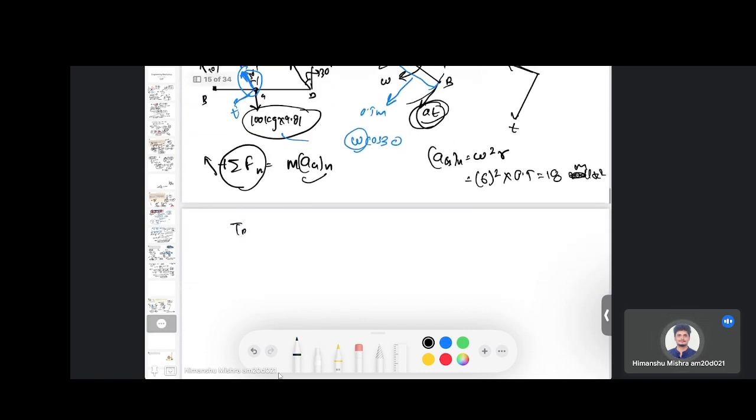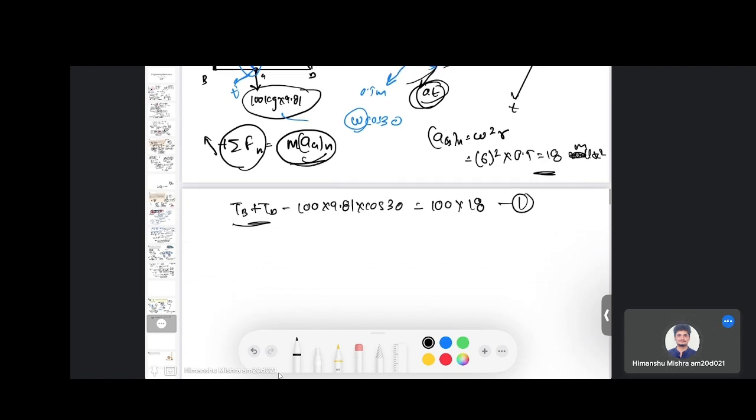So it is TB plus TD minus 100 multiplied by 9.81 multiplied by cos 30 equals MA. M is 100 kg and the acceleration is 18. So these are the two unknown quantities, TB and TD, which is equation 1.